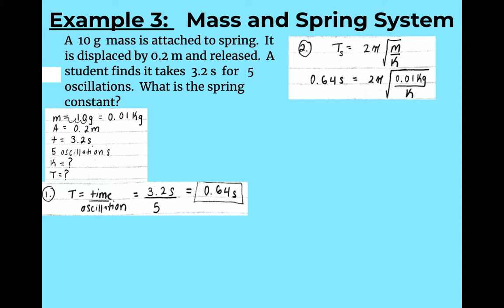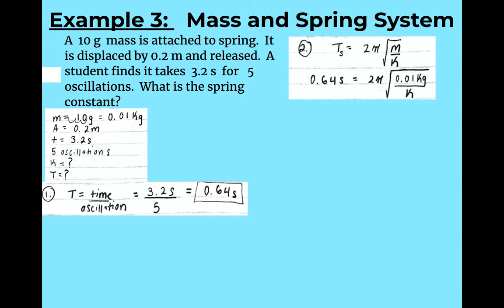We're going to take 0.64 seconds and set that equal to 2 pi times the square root of 0.01 kilograms divided by K. In order to get K by itself, we must get it out from underneath the radical. To get rid of the radical, we must square both sides of the equation.